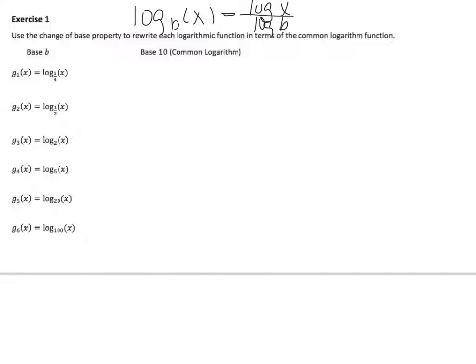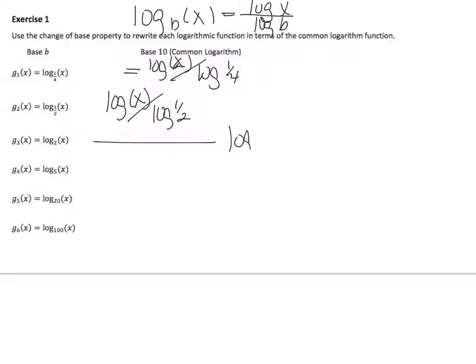So very simply I can say this is equal to log of x over log of 1/4. Okay, log of x over log of 1/2. Same thing. Log of x over log of 2.